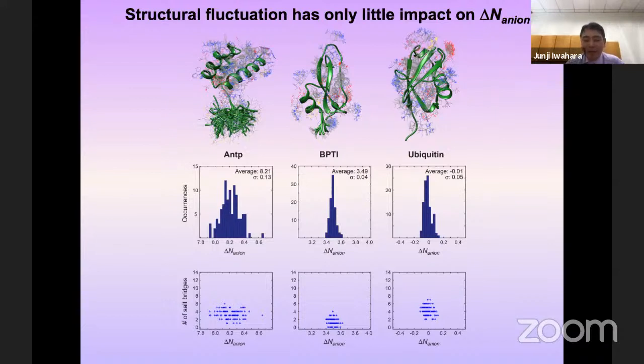For regions that crystal structures do not have, we also randomize the structure. And we calculated ion excess for each structure. But this kind of structural fluctuation has very little impact on ion excess. In other words, this ion excess is quite robust, and it's not very sensitive to small details of structures.